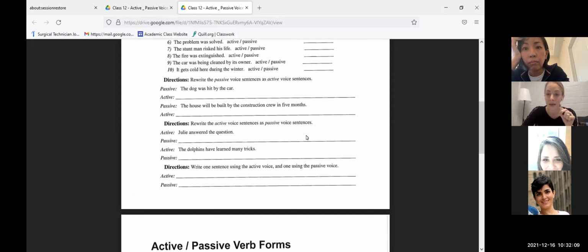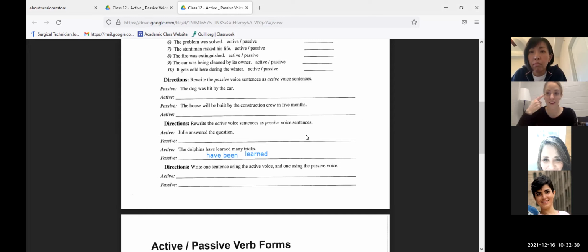So if we use be in present perfect, we have have been. Have been is the present perfect of the verb be. And now we need to use the past participle of our main verb, which is still going to be learned. So our present perfect passive is have been learned.